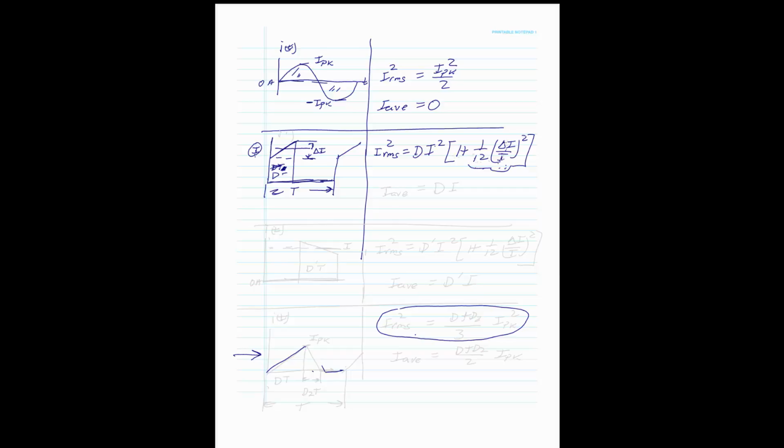Even if delta I were fairly large, like let's say delta I were half the DC current, this would be 1/2 squared, which would be 1/4 times 12, which would be 1 over 48. Well, 1 over 48 compared to 1 is pretty small. So even if delta I were equal to I in magnitude, this would still be 1 over 12, still less than 10% error. Just wanted to make that note. And then, of course, the I average is going to be equal to, again, D times I.